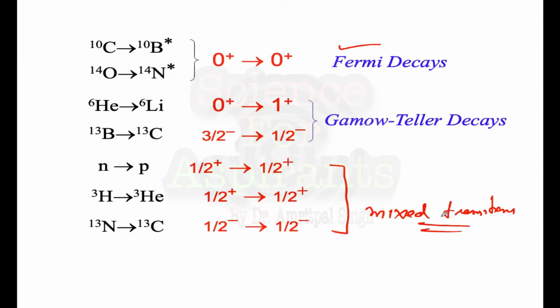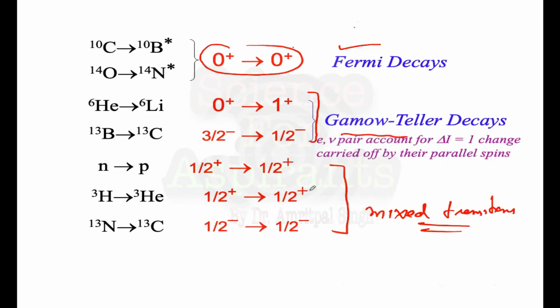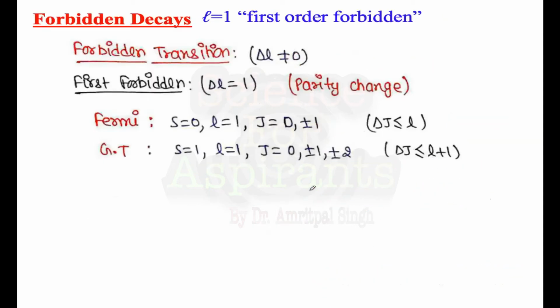You can calculate and find out the value of J and how it is changing, and from that you can get the idea whether these transitions are only Fermi allowed but forbidden for the GT rule. These are only allowed for GT transition but forbidden for Fermi transition, and these are allowed for both Fermi and GT transitions.